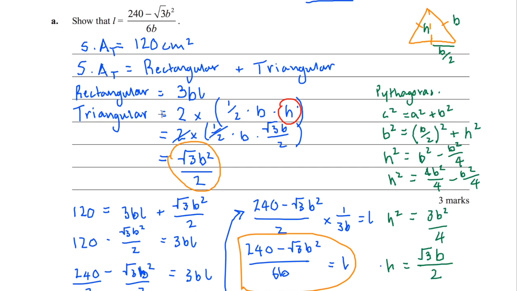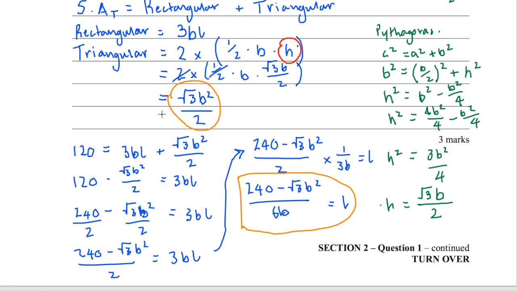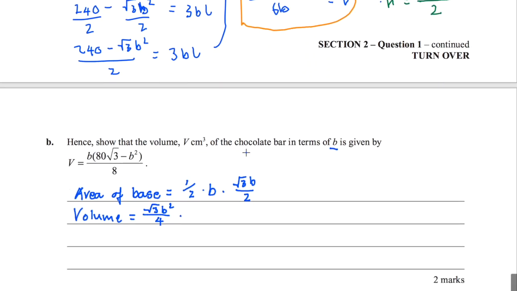So we have to multiply by 240 minus the square root of 3b squared, all divided by 6b.